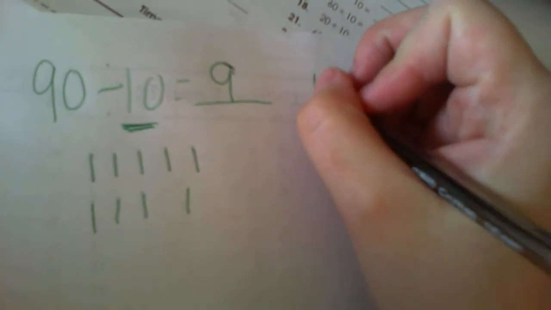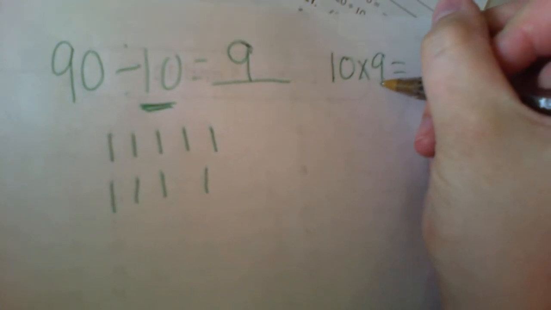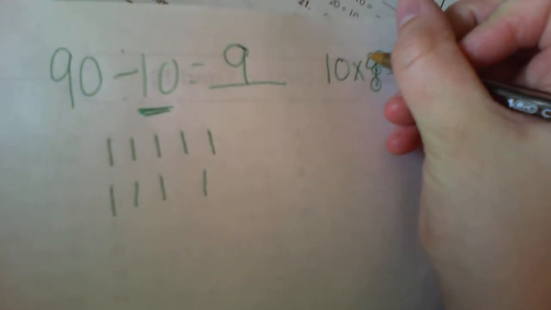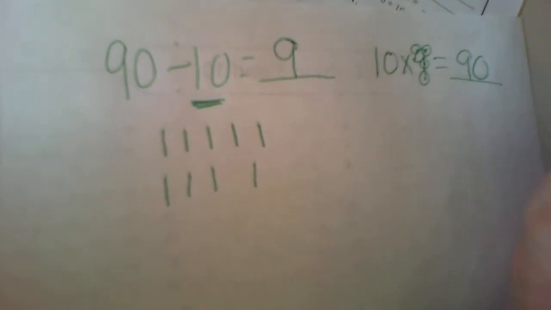Remember, this is the same thing as doing 10 times 9. 10, 20, 30, 40, 50, 60, 70, 80, 90. 10 times 9 equals 90. Let's try another one. Let's do 30 divided by 10.